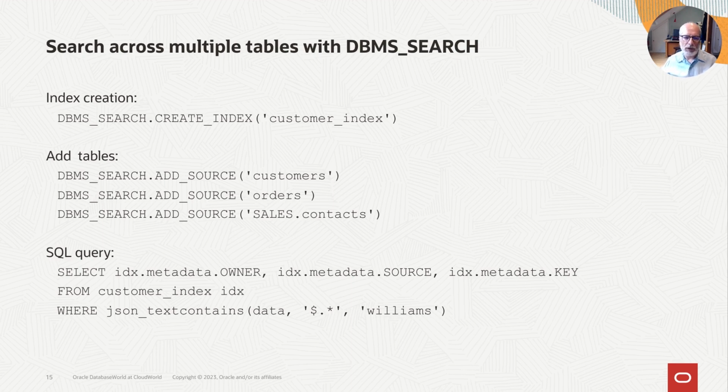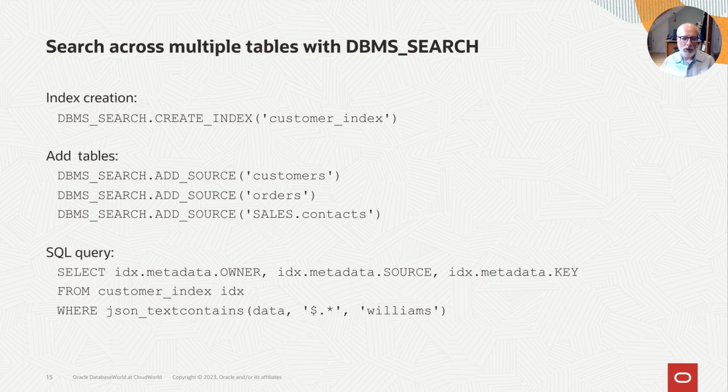Now, the table that's created, customer index, has two columns of interest. One is a metadata column, which records the original source of the data that's being indexed. And the other column is the data column. Now, this contains a virtual document constructed from all of the columns from the table in question.